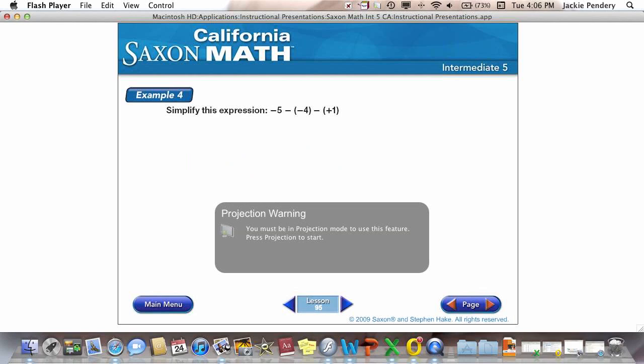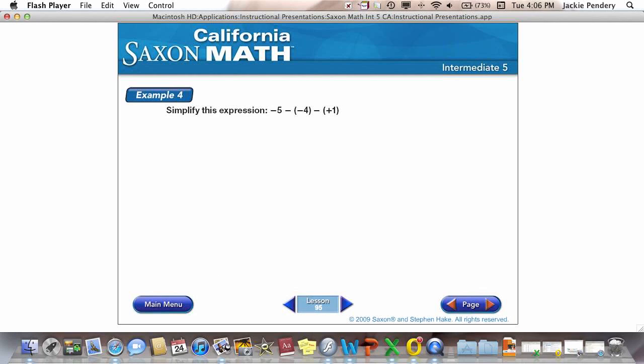So let's simplify this expression. We have -5 minus -4 minus +1. Okay, so we're going to work from left to right, following the order of operations.